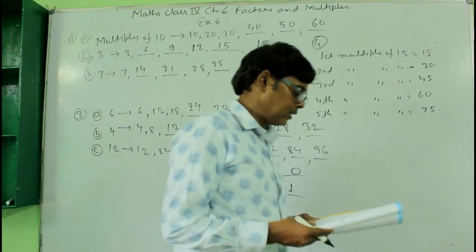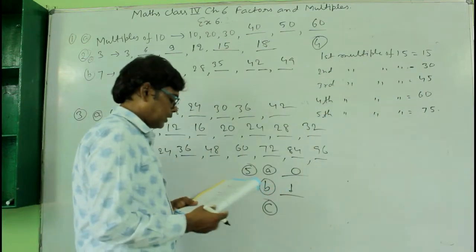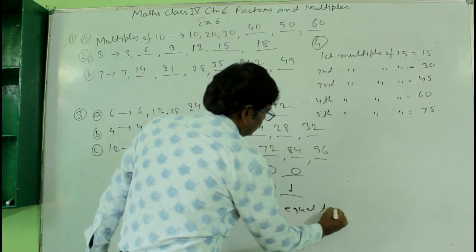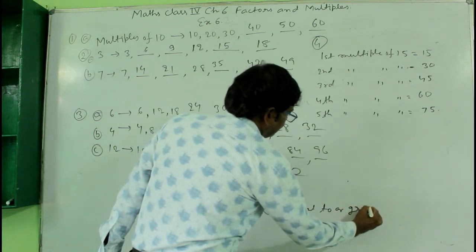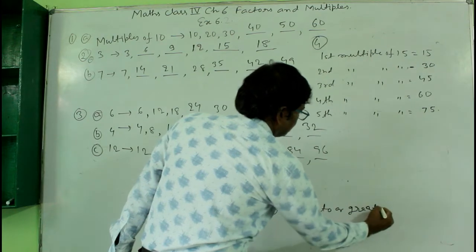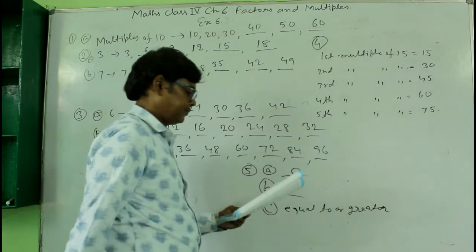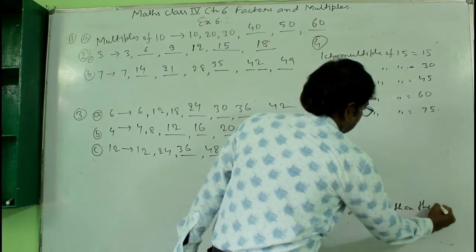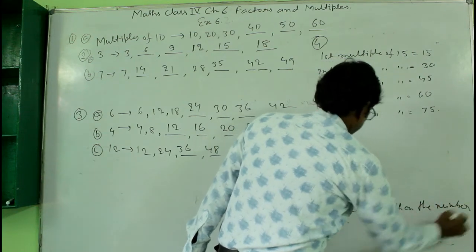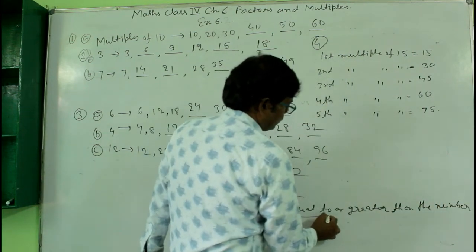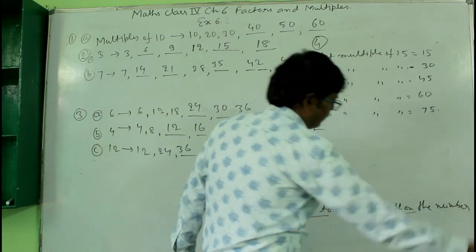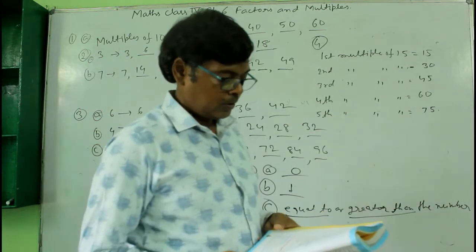The multiple of a number is either equal to or greater than the number. Okay, these are the two answers.